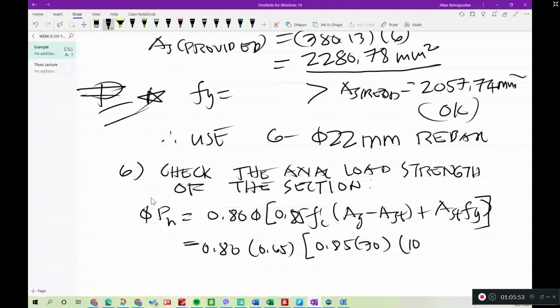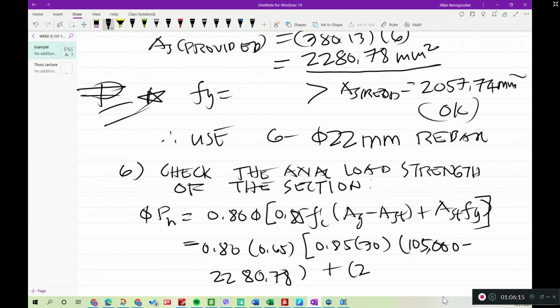Look here, do not be confused: we used 105,000, including this. This is the design Ag minus 2280.78, plus 2280.78 multiplied by 400. Of course, you do the bracket there.